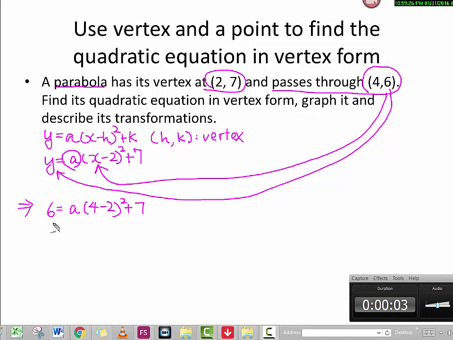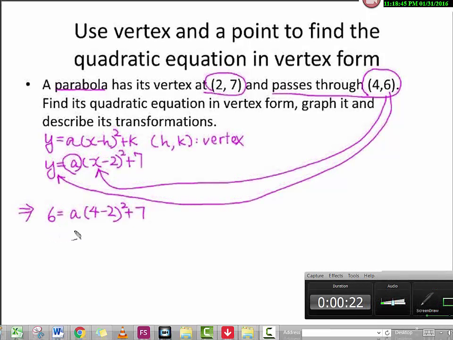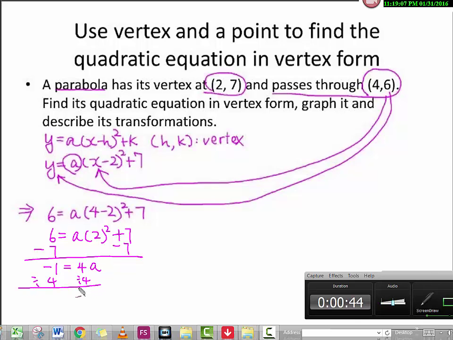Let's solve it. First, we simplify the parentheses, which gives us 2 squared plus 7. We isolate a by subtracting 7 on both sides, which gives us negative 1 equals 4a. We divide by 4, so a is equal to negative 1 over 4.